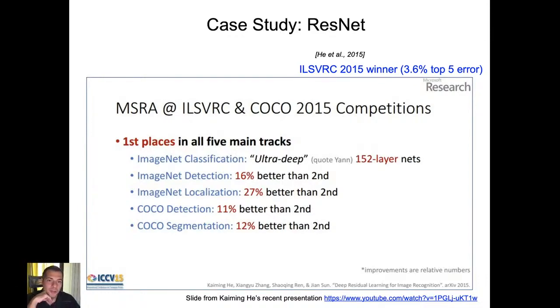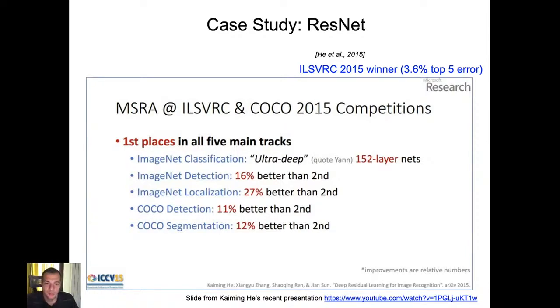So this was the winner of the 2015 competition. They had a 3.6 top 5 error rate. Their main contribution was to add residual blocks. So the name of the network comes from residual blocks, or residual connections.